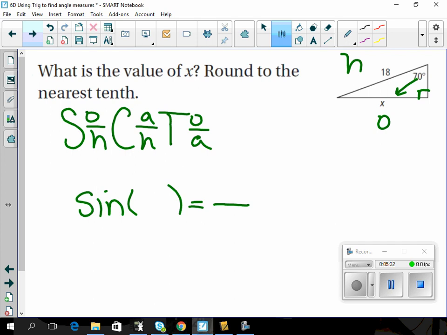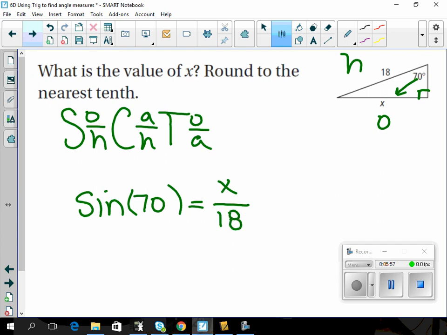So since we're given that angle measure of 70, that's what goes in there. And on the quiz that you guys took yesterday, that is just a number. You can just type it into your calculator and you get some decimal number, right? So, okay, that's a number, but what do I put on the right-hand side? O over H, which is X over 18.